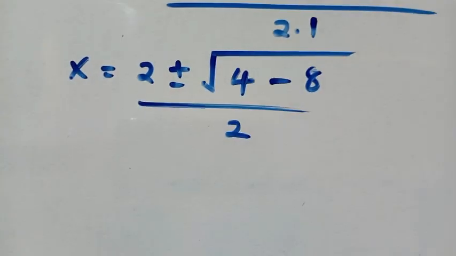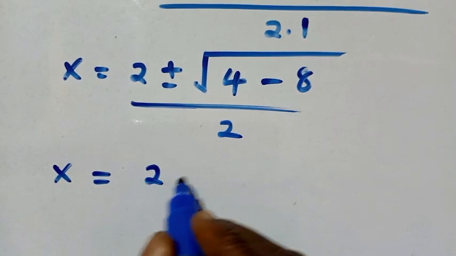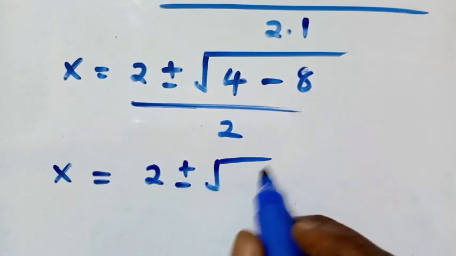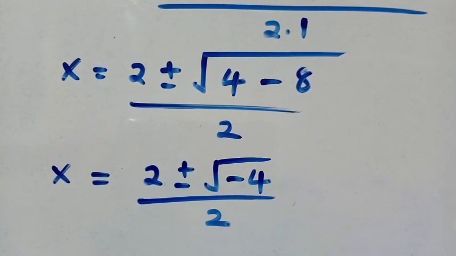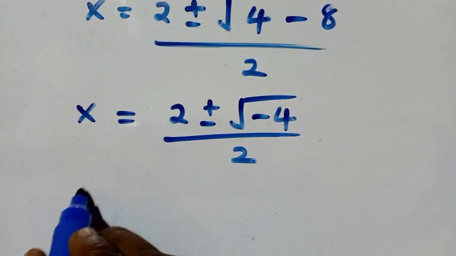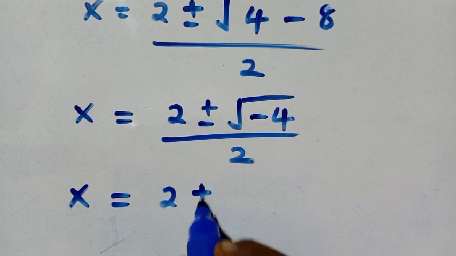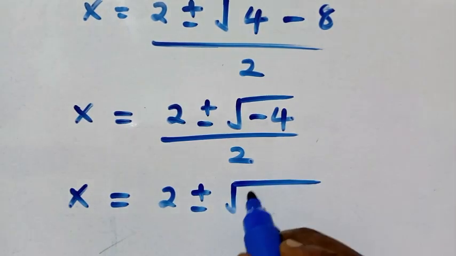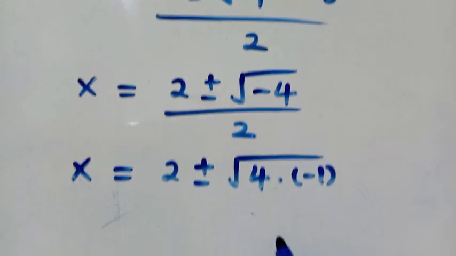From here, x equals 2 plus or minus the square root of 4 minus 8, which is minus 4, divided by 2. We consider it as 4 multiplied by minus 1.